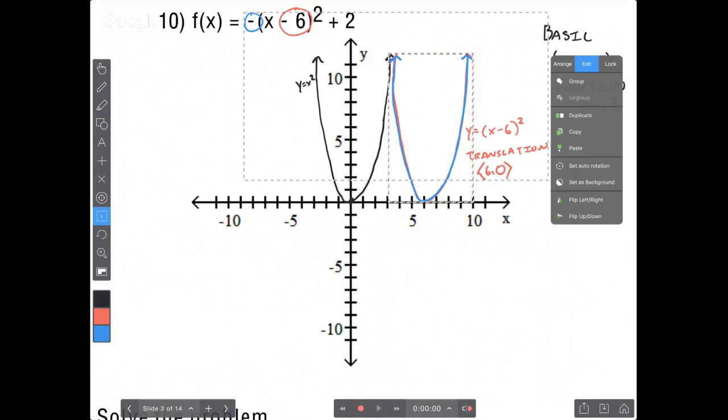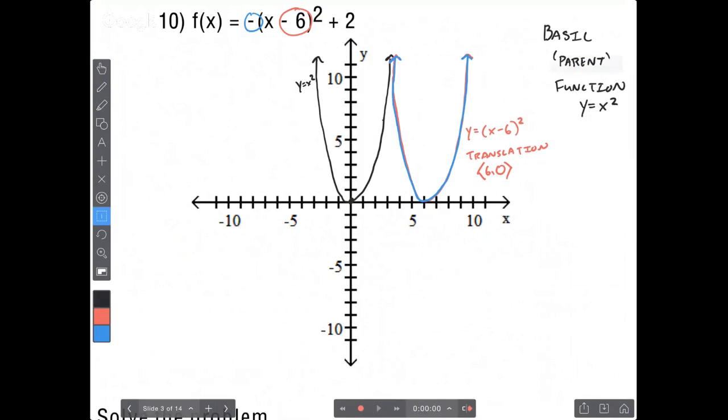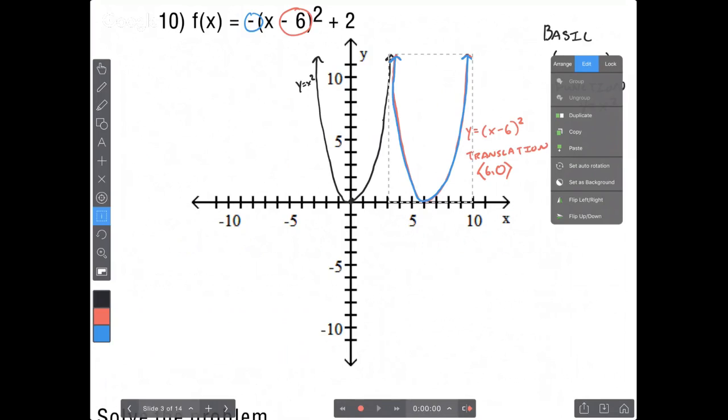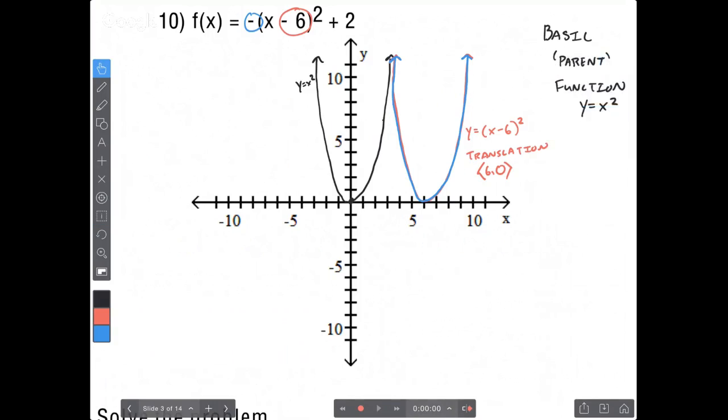Again, detach it. And now, well, my iPad doesn't have a reflection tool, so I'm literally going to rotate it. But pretend I just reflected it. Look how it reflected. Cool, there it is. It's reflected. And now it is y equals negative x minus 6 squared.